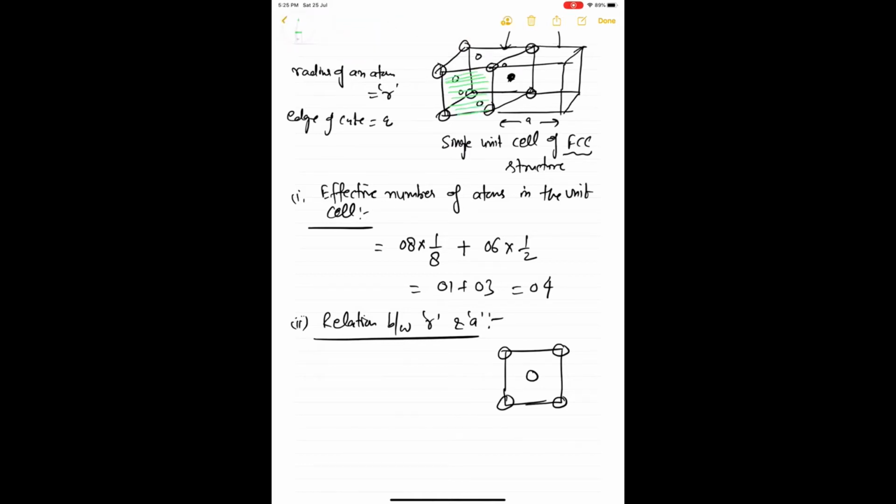It looks like this. Suppose I have shaded this face with green, which I have drawn here. There is 1 atom at the center of this face and 4 at the corners, but this is how we depict it. But in reality, the situation is something like this.